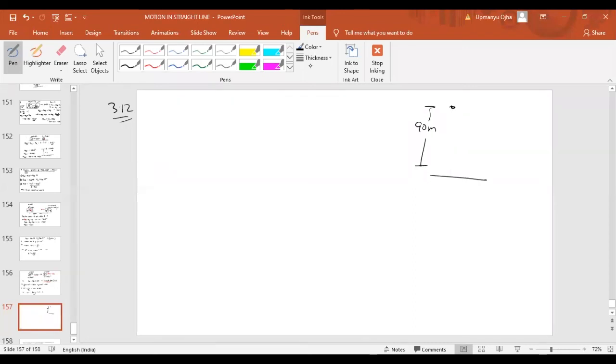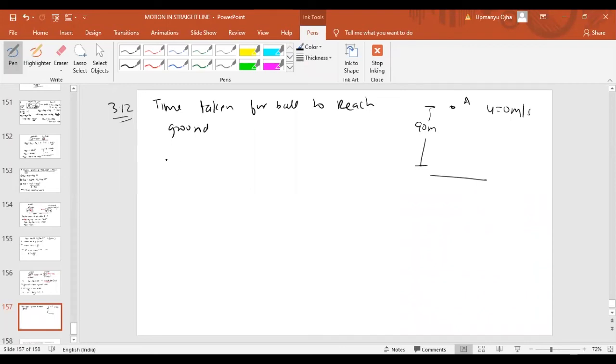Now can you tell me the time taken by the ball to reach the ground for the first time? Initial velocity should be 0 because it has been dropped.